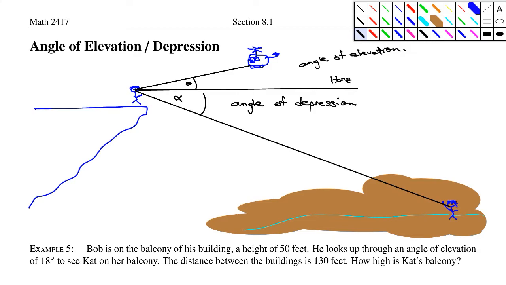So the angles of elevation and depression are always relative to looking straight across the horizontal, and these lines that they look through are sometimes called the line of sight.